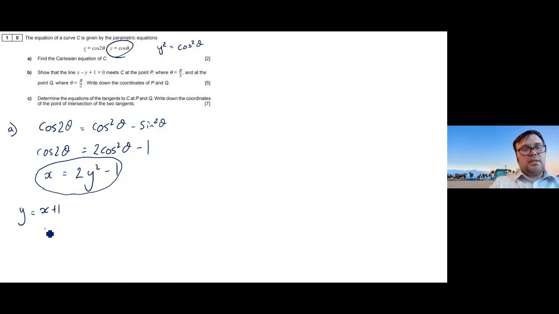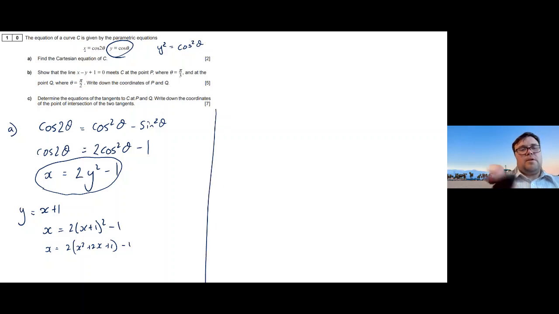If I substitute that into my curve, x equals 2 times x plus 1 all squared minus 1. x equals 2x squared plus 2x plus 1 minus 1. And expanding all of that here.